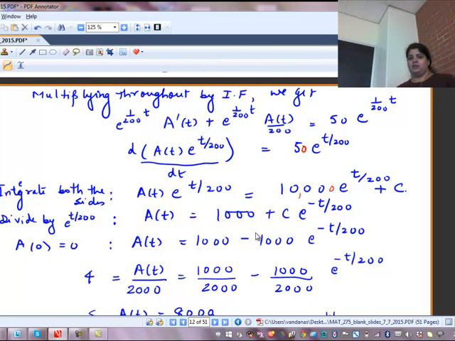And then our C will again be negative 10,000. You should have 0 up here, then A(0) is 0, so it would be 10,000. So it should be this, right? Then what is the difference here?